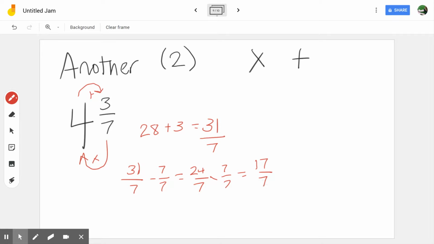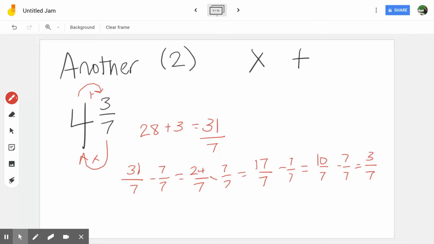Now we have 17/7, and we can subtract another whole. Minus 7/7 would give us 10/7. That's still an improper fraction, so we can do one more whole, and we'll get 3/7.